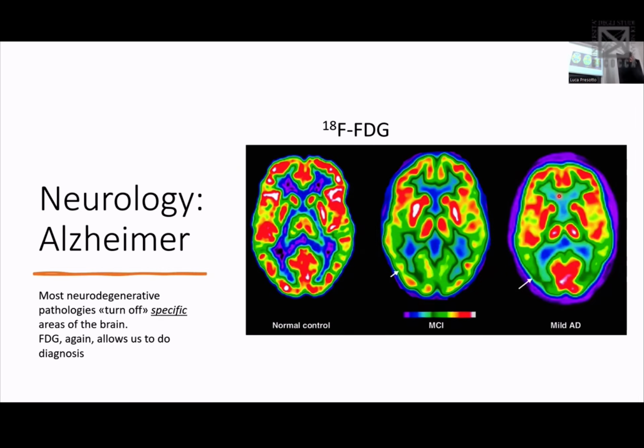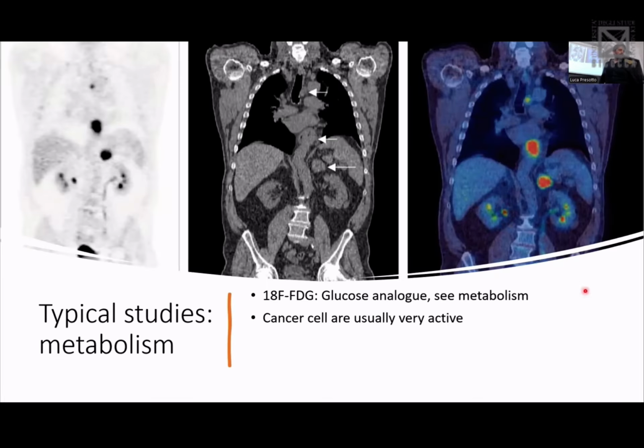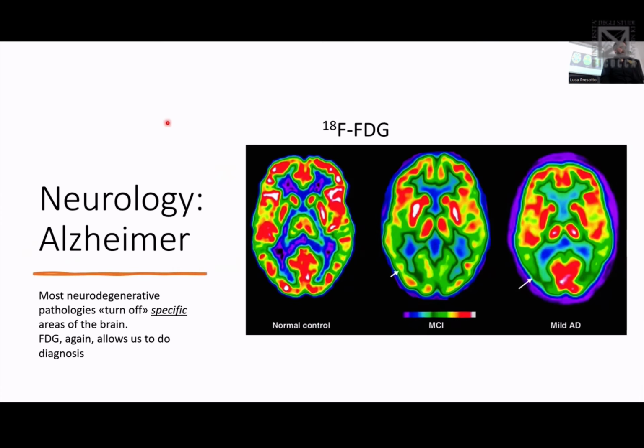There's a big field from which I will give you some data. I've shown you in the previous slide that if you inject sugar in the body, you don't see much uptake. You see some in the liver, some in the kidneys, and that's mostly it. You see very, very little uptake in the muscles, in the fat, of course, in the lungs, which don't have cells that do much.